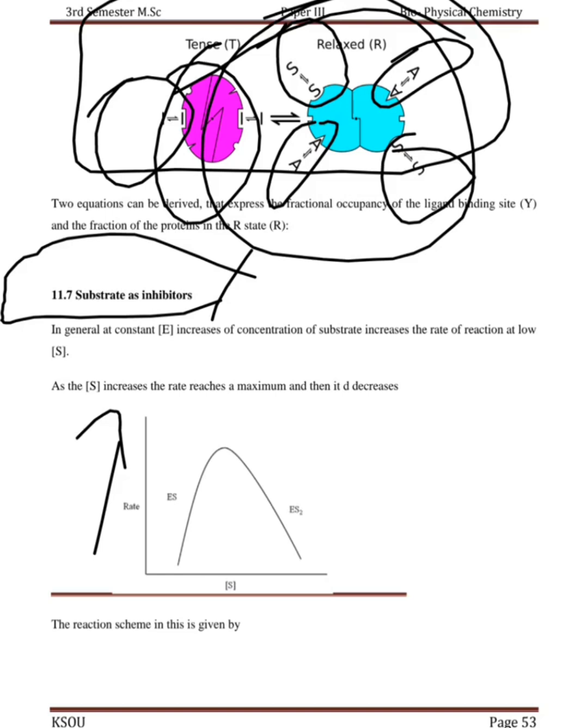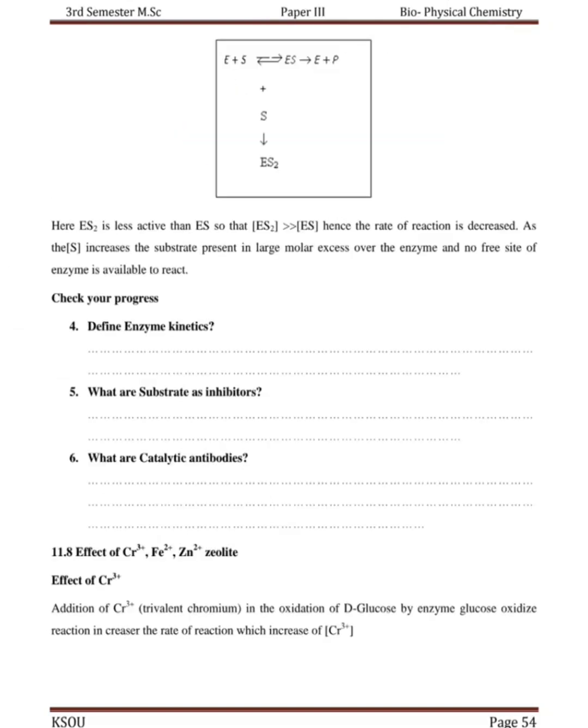Later on it decreases with increase in the concentration of the substrate. The substrate is denoted by S. Here ES2 is less active than ES. So enzyme plus substrate gives enzyme-substrate complex, further forming the product.